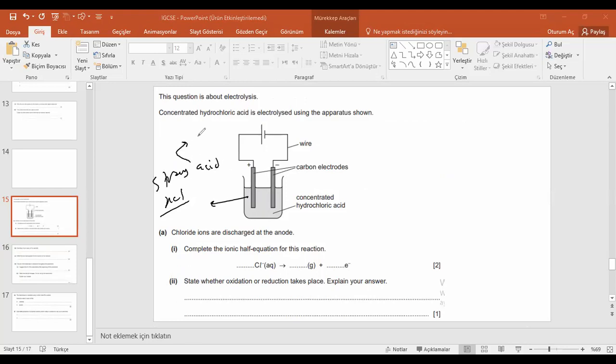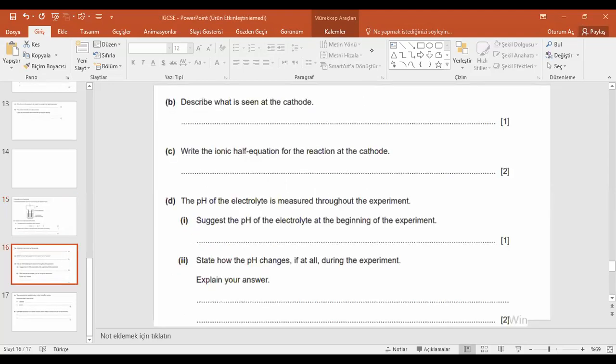That's why guys, the pH must be 1. It is a strong acid, so the pH will be 1.